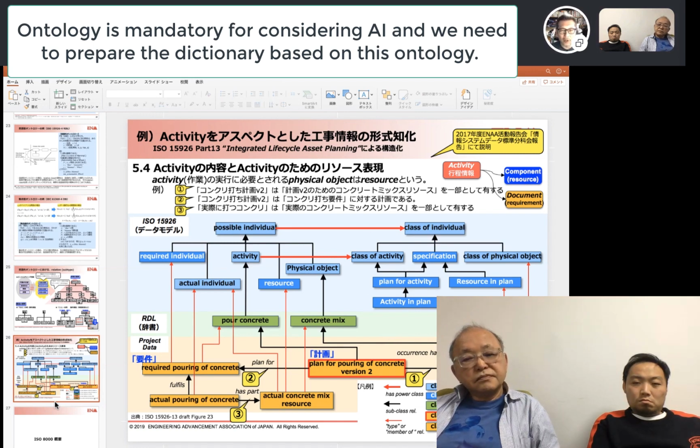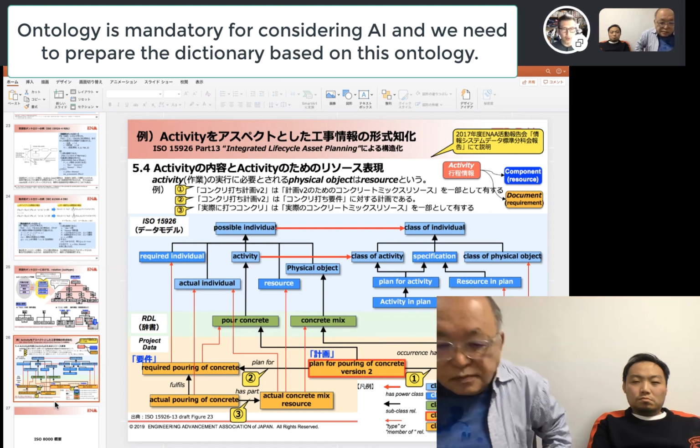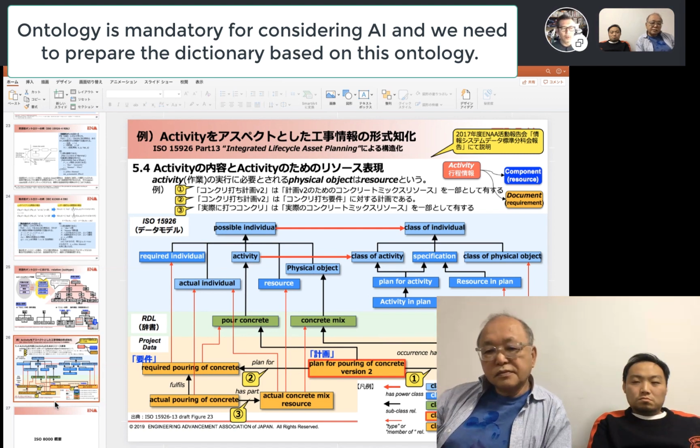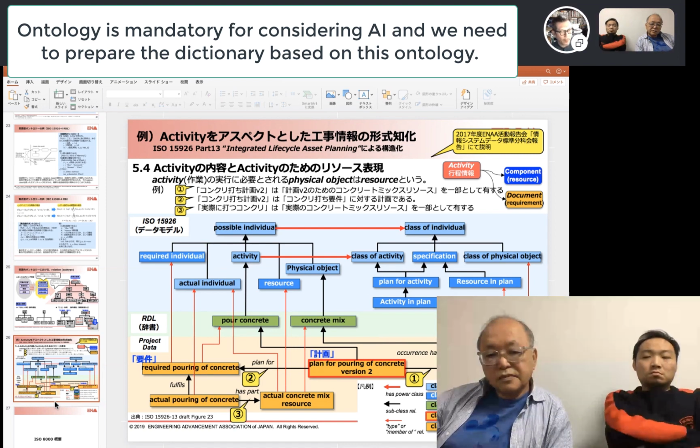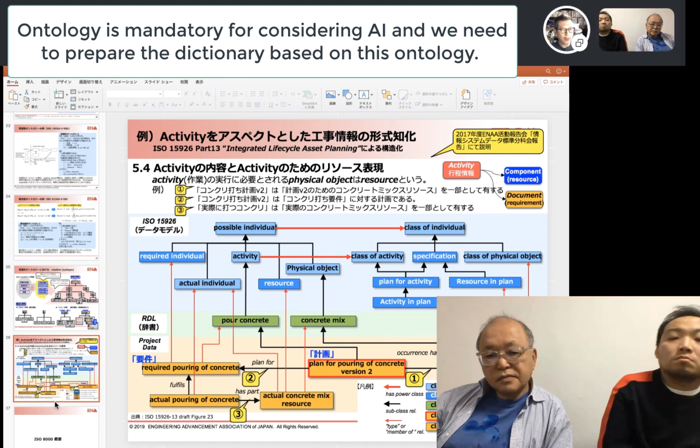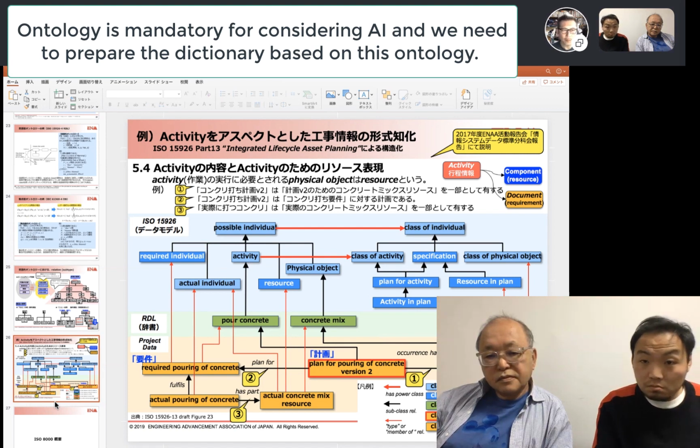This is the structure of the information of the activities, or in other words, this is the knowledge about the information in the product life cycle. And to process different information, we can adapt this information structure to the inferring engine. This is a totally different world from machine learning AI.